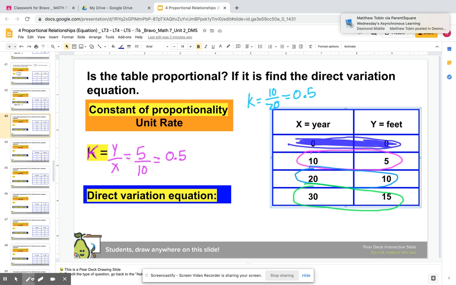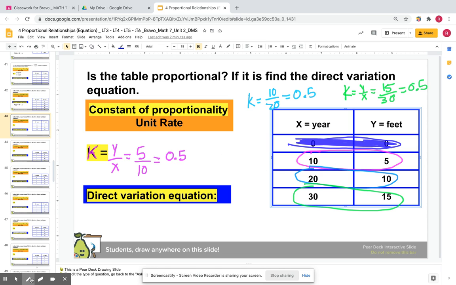It's the same thing for the green set of points. y over x is equal to 15 over 30. That's 0.5. I'm just confirming that this table is proportional.